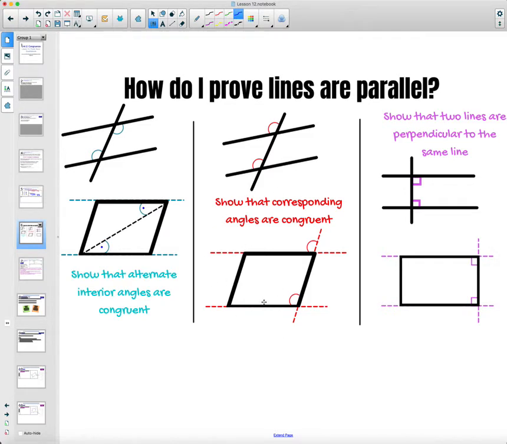It could show up like this in a parallelogram if you had an extension, seeing some corresponding angles congruent, or like this. Another way that we know to prove that lines are parallel is that they are perpendicular to the same line. Both of these two lines are perpendicular to this one, so they have to be parallel to each other. So it looks most like this one.